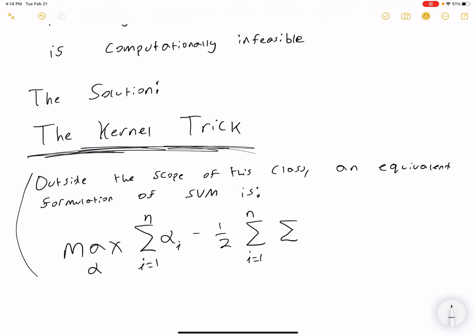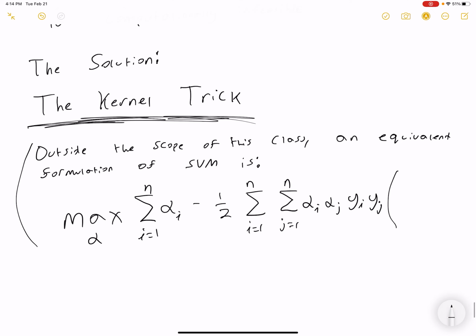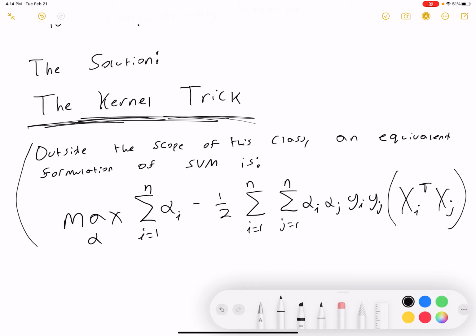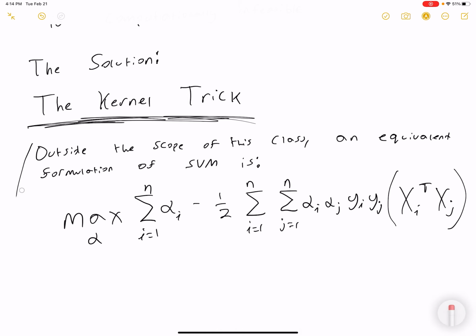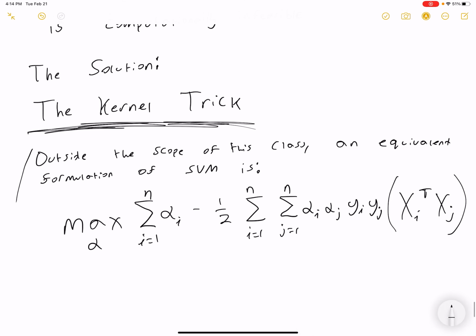Just know that we can do some algebra and rewrite the objective function above as the following. So this is an equivalent way, just using a bunch of algebra. We can rewrite what we derived earlier as this.